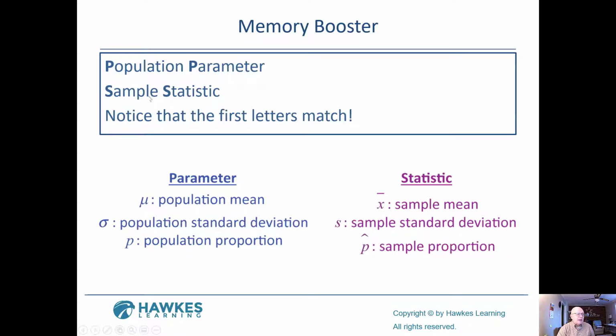Sample statistic means you've only got part of the population, a subset of the population, that's your sample, and what would be a parameter, but you're only using a subset, is the statistic. So your sample is sort of a sample of the population. It's part of it that hopefully has the same characteristics as the population does.